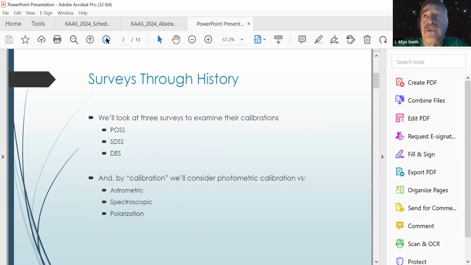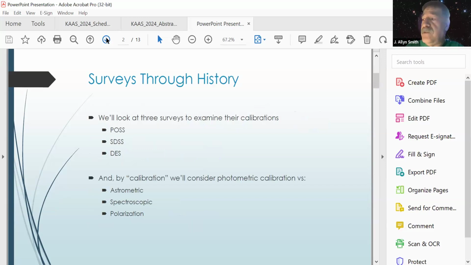So if you look through history, I'll look at, we'll say, the modern surveys: the Palomar Sky Survey, the last large photographic survey; the Sloan Digital Sky Survey, which was the first large-scale electronic imaging survey; and then finally the Dark Energy Survey, which is just wrapping up. And I'll talk a little bit about where that goes for LSST purposes.